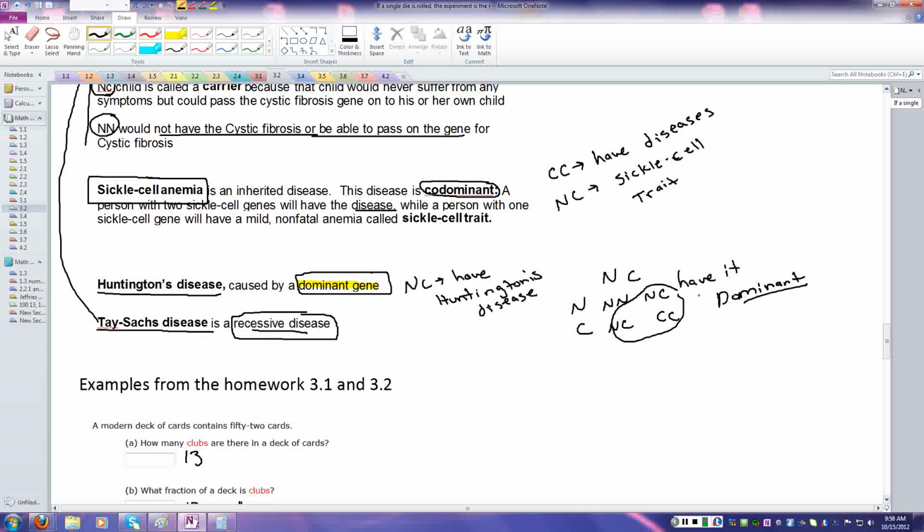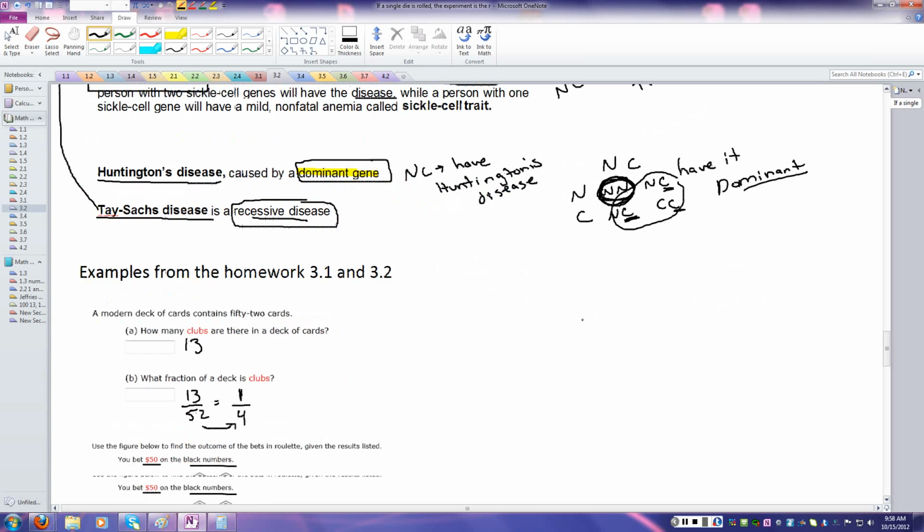Because it's dominant, if they carry it, if they have one of the genes, then they have the disease. So they're carriers, they have it. They would only have a 1 in 4 chance of having a healthy kid that doesn't have it or carry it. Let me know if you have any questions.